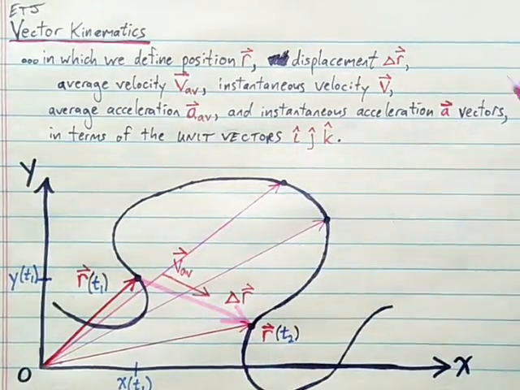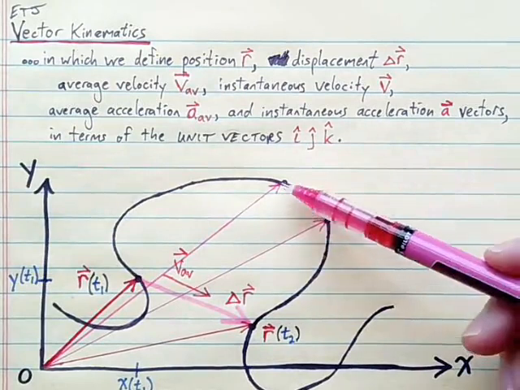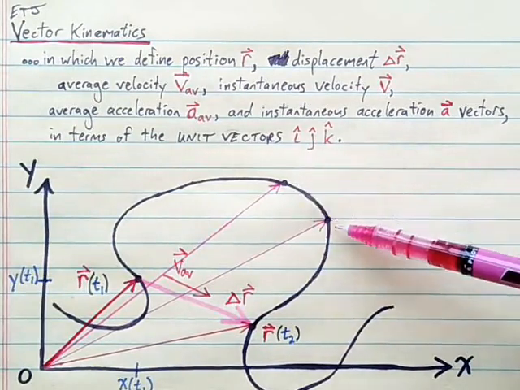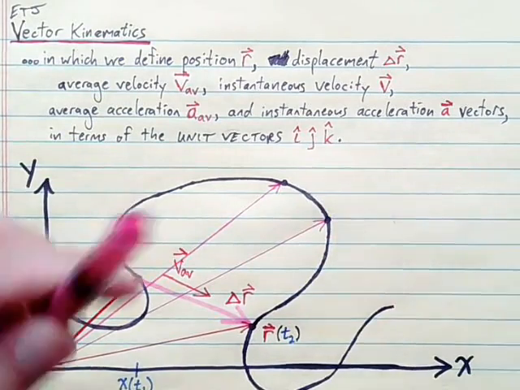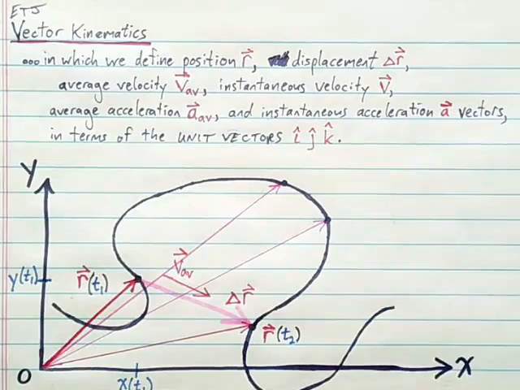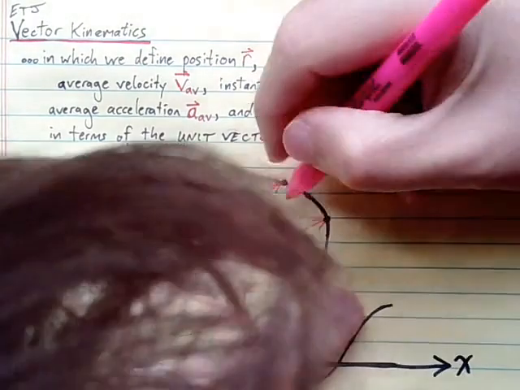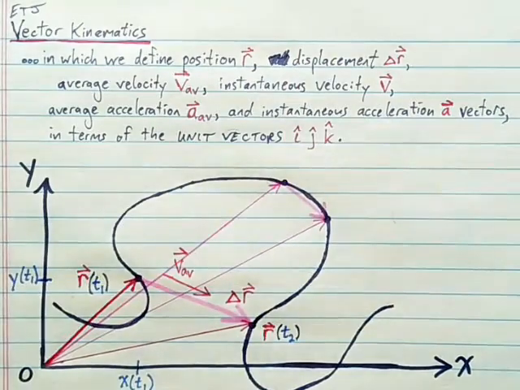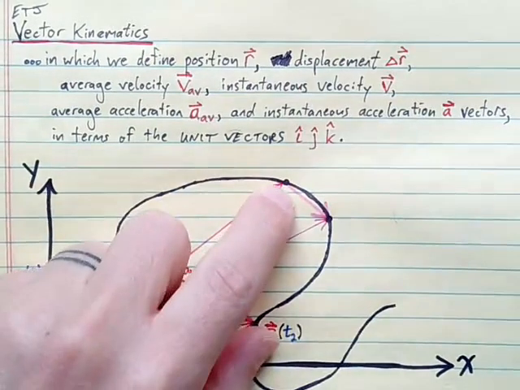And imagine the displacement vector between those two moments. So as the object moves from here to here over some short time, we can see that its displacement is going to point from there to there. So its displacement vector I can sketch in like that. That would be our delta r between those two moments.